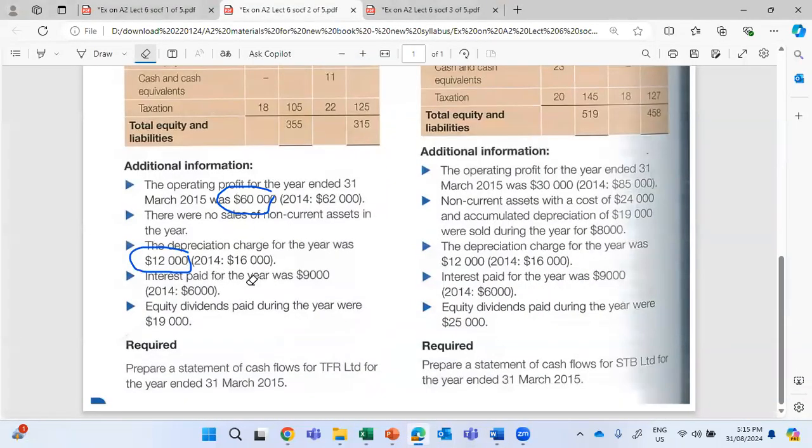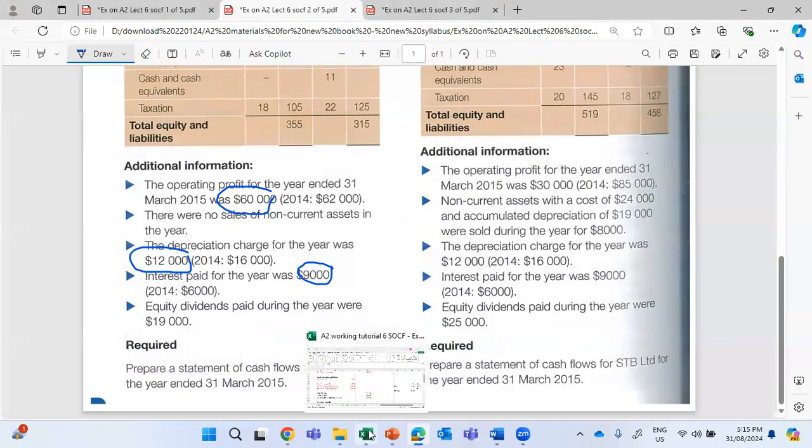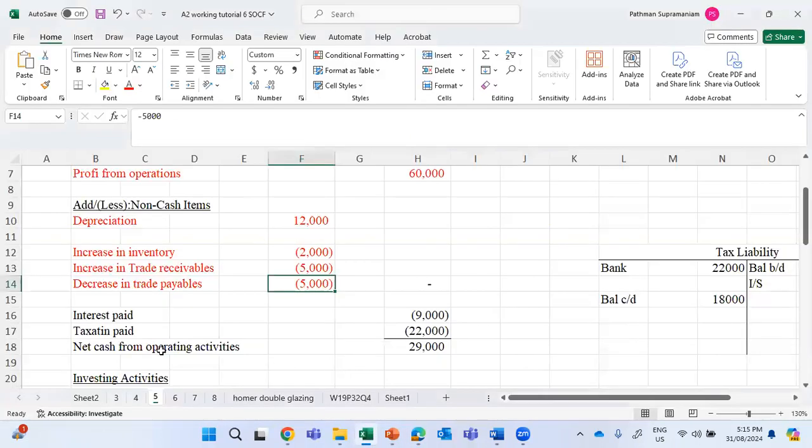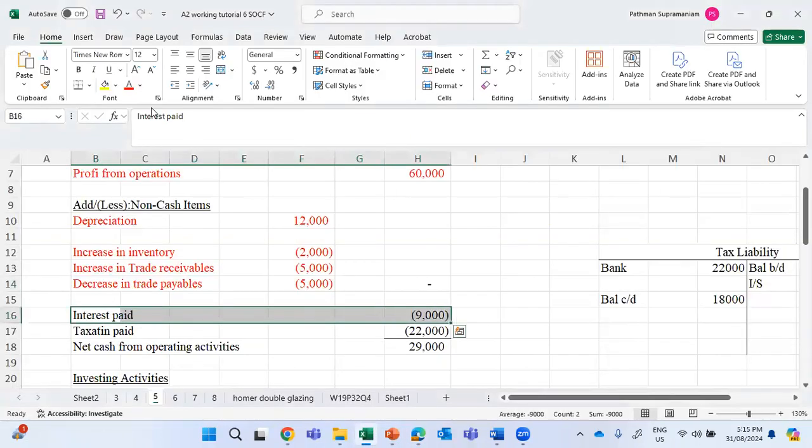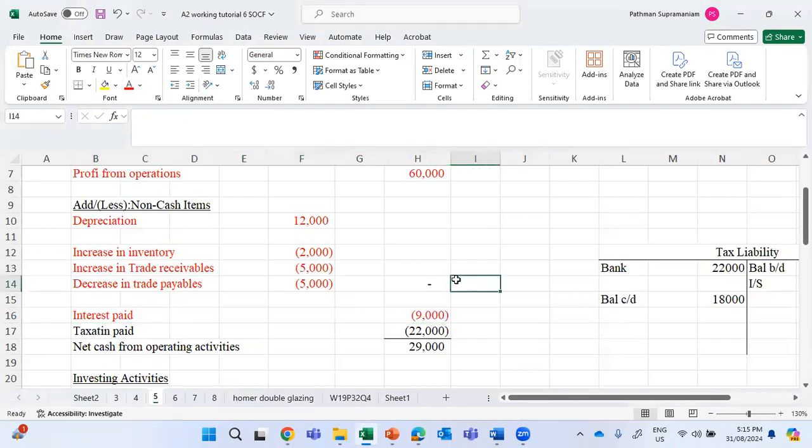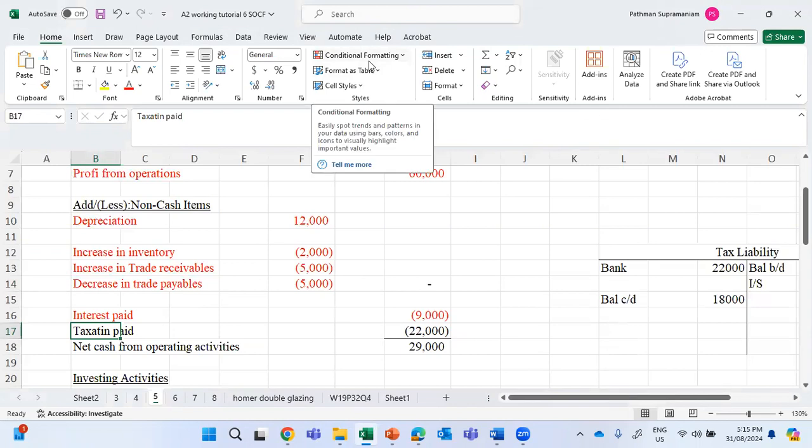The question mentioned that interest paid for the year was 9,000, so we can take that figure. Since it's paid, it's a cash outflow. Then we have taxation paid.